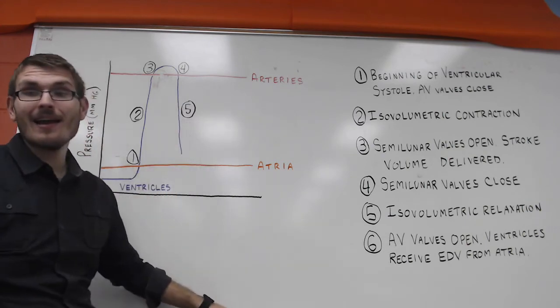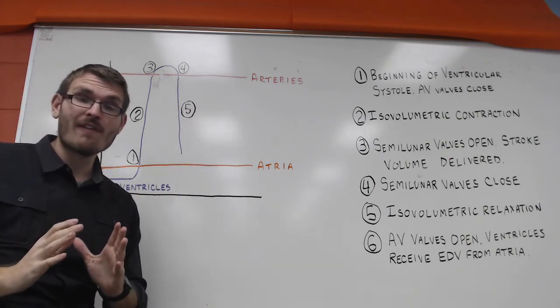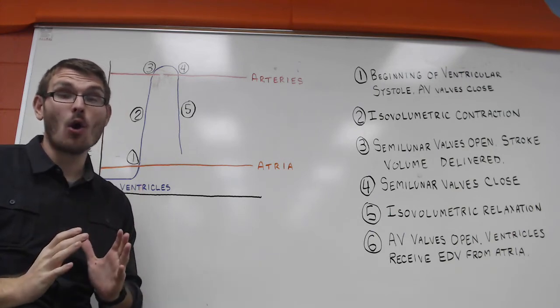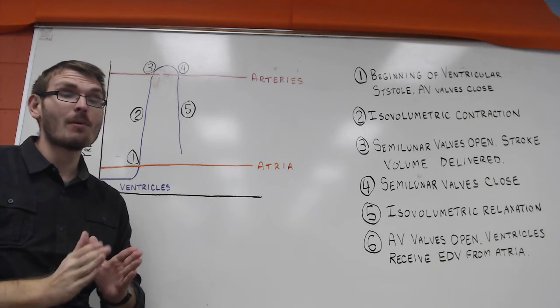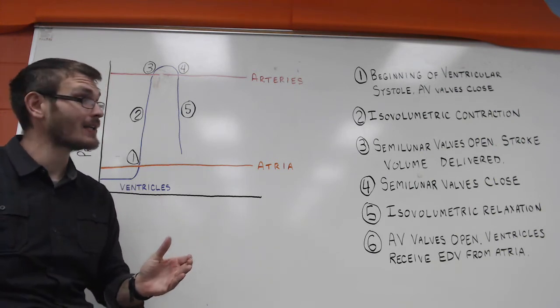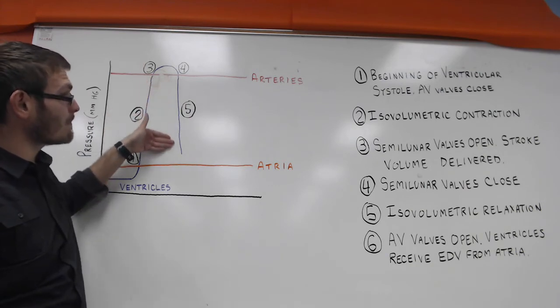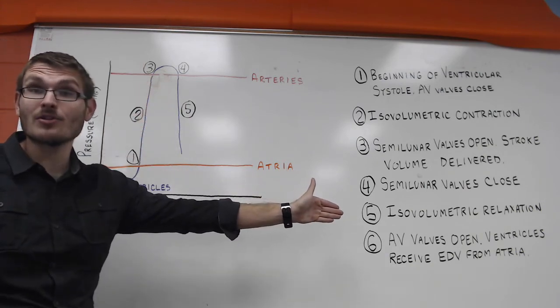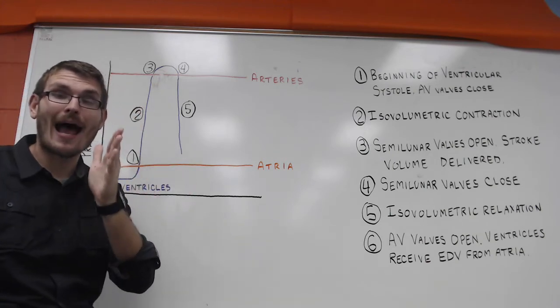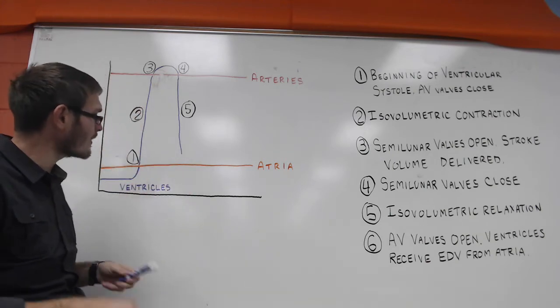So once again, isovolumetric refers to the fact that the volume of blood inside the ventricle is not changing, and that is only going to be possible if both the AV and the semilunar valves are both simultaneously shut. So our biggest drop in pressure happens during isovolumetric relaxation, and our biggest increase in pressure happens during isovolumetric contraction.